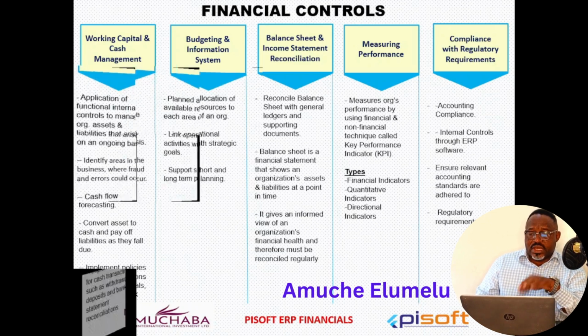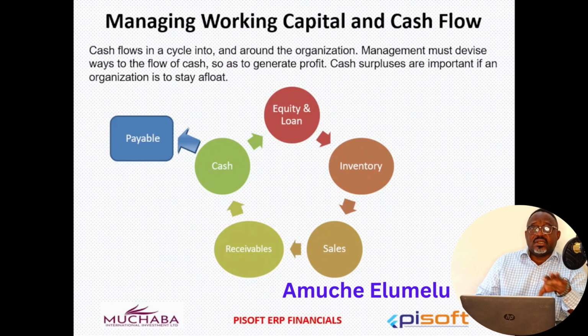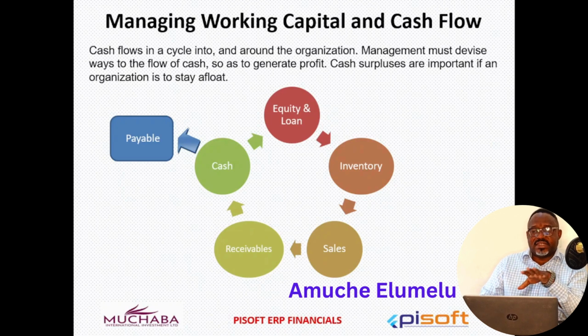Then let's look at working capital, which is more like your day-to-day activities. This is your working capital and cash flow. It moves from the money you plow into the business, which is called the equity, and maybe loans. Then you buy inventory. So first, the equity and loans, which you use to procure inventory, and then you sell the inventory. Then perhaps you sell for cash or accounts receivables.